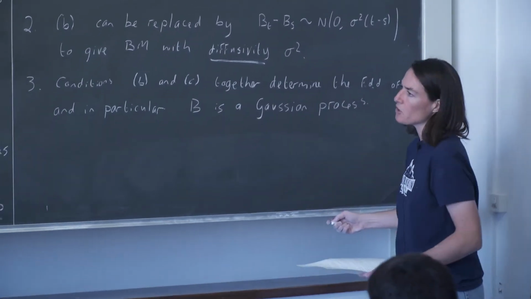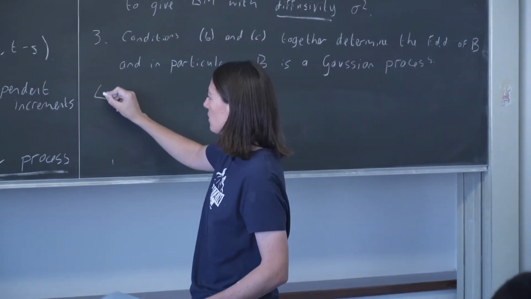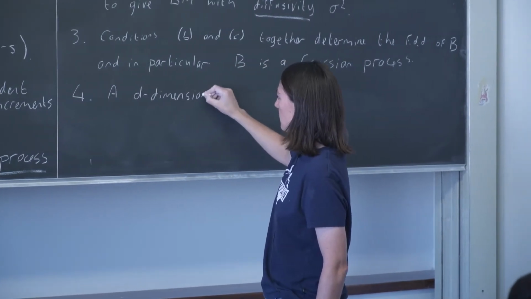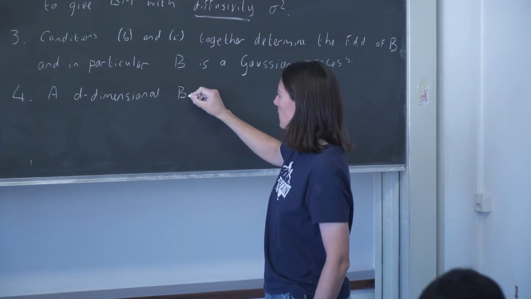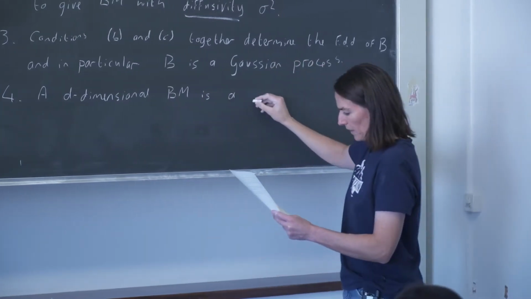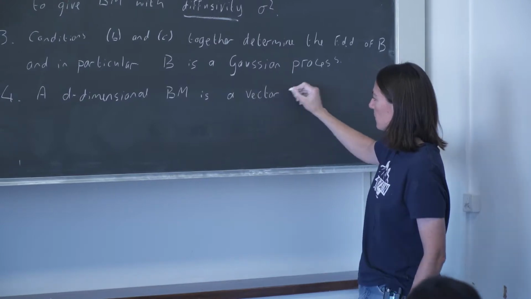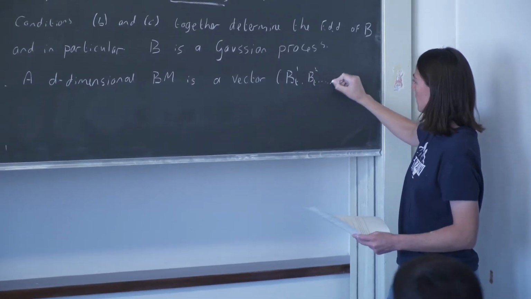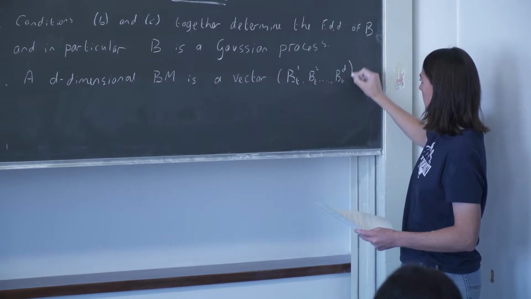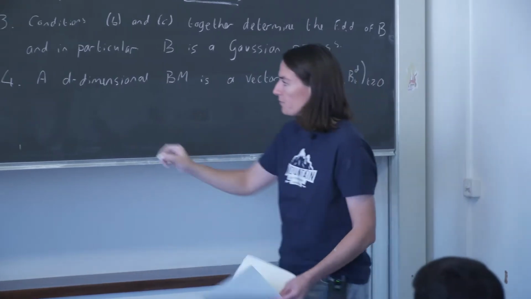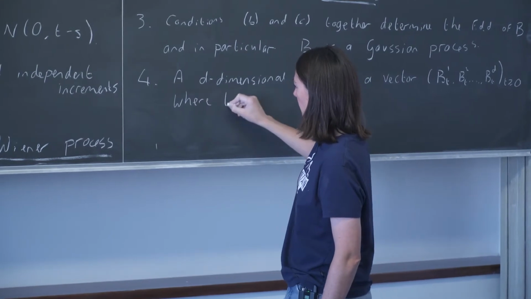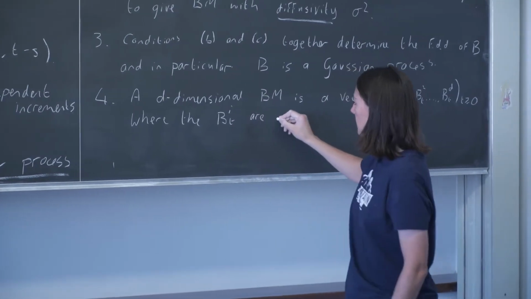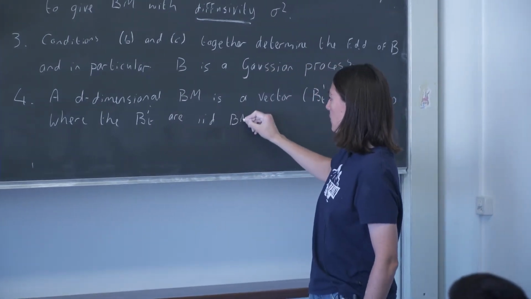And then finally, we can generalize this definition to higher dimensions. A d-dimensional Brownian motion is a vector (B_t^1, B_t^2, up to B_t^d), t greater than or equal to 0, where the B_t^i are IID Brownian motions.